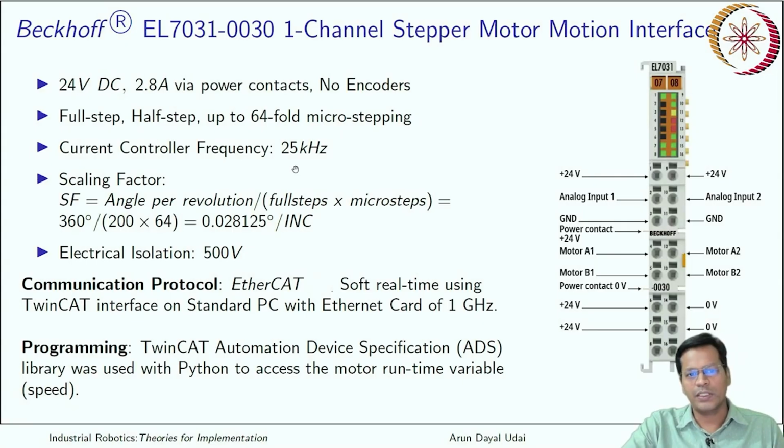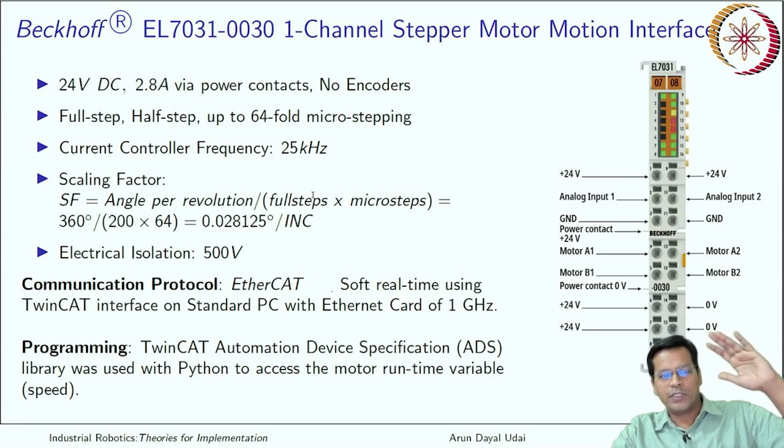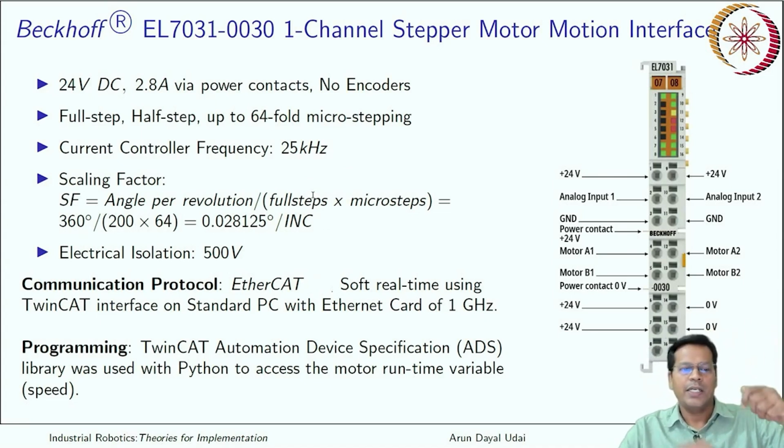The current control frequency is very high, 25 kilohertz, which means a very high change in current, so it doesn't create any noise as such. Regarding the scaling factor, each 360 degrees is divided into a full step of 200 poles, and each of them is further divided into 64 small microfolds.